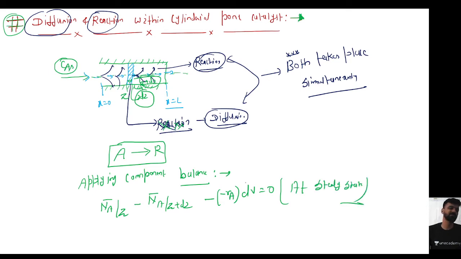That is equal to 0, and it will be at a steady state, because most of the time GATE will ask the questions on the steady state. That's why I'm also assuming here this is a steady state. It's very important, that is in minus out. Here it will be in, here it will be out, and here there will be a consumption, that is equal to 0. Are you getting? Now, my dear student, can I write this term like this?